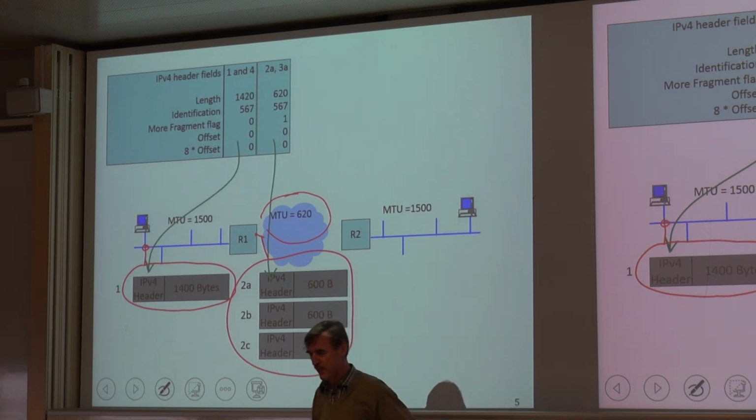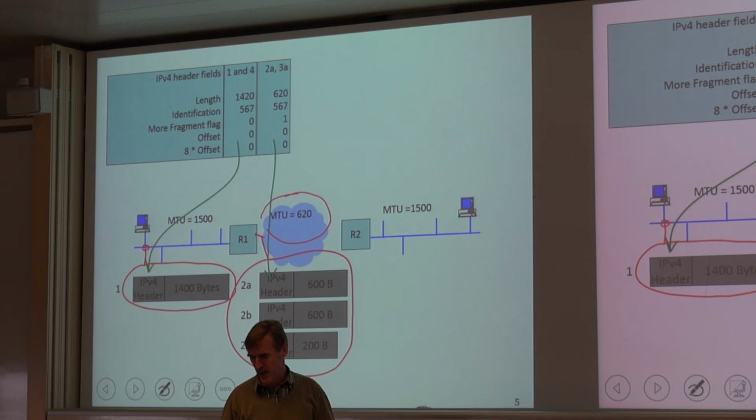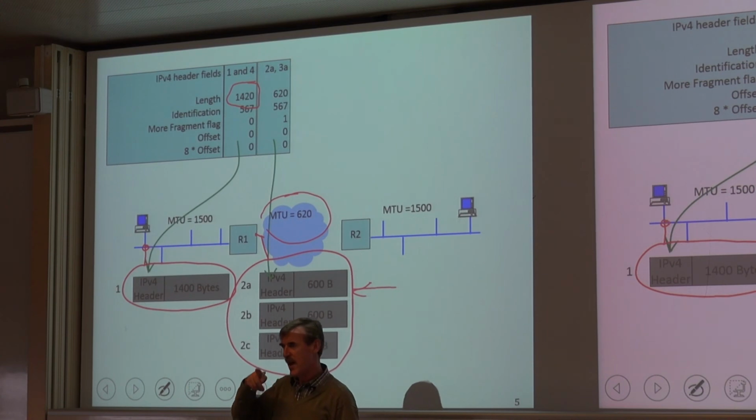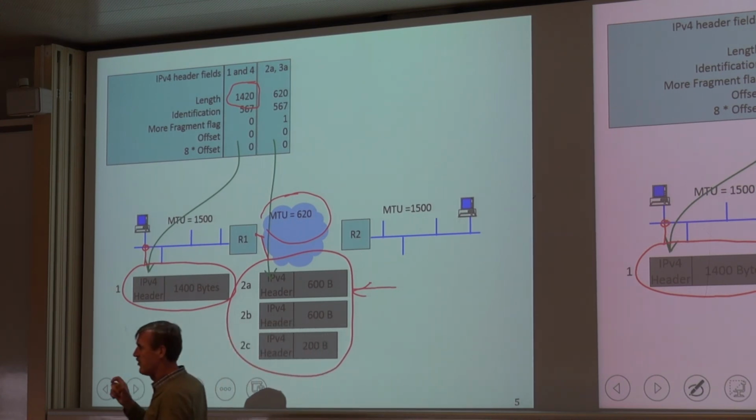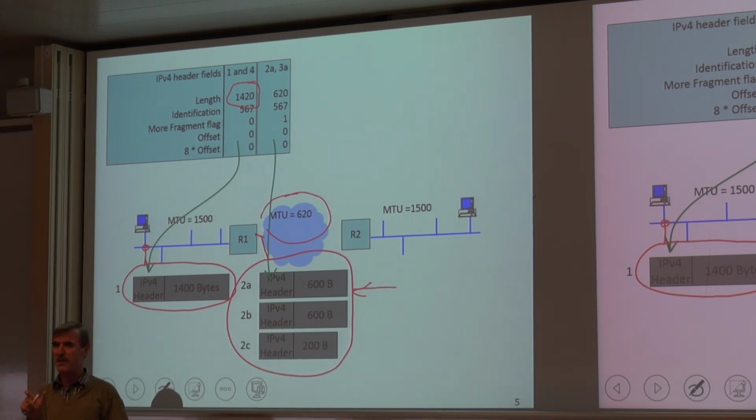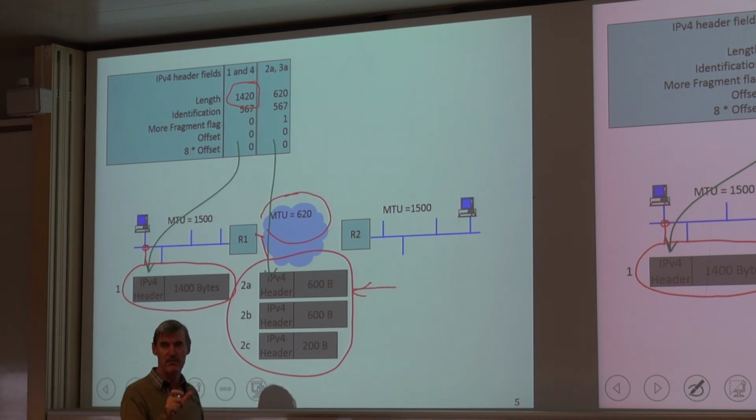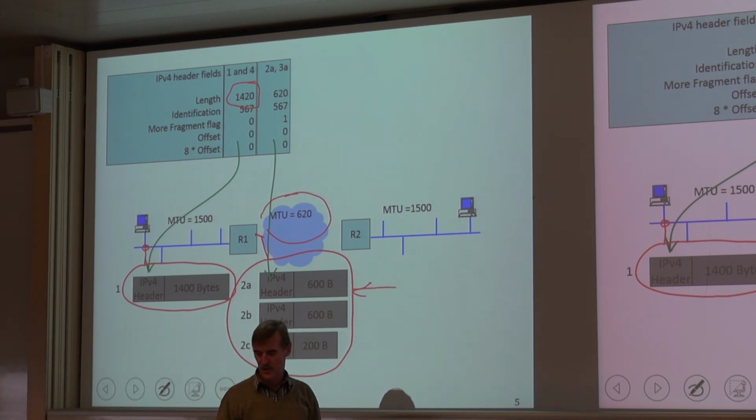What are those? The length is the length in byte of the packet. We've seen it is present in every IP packet header. So the length indication that's in the IP header is the length of this packet. It is not the length of the original datagram. So this, at 2A, we will have a length of 620.